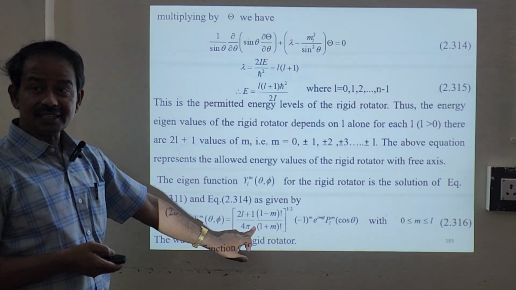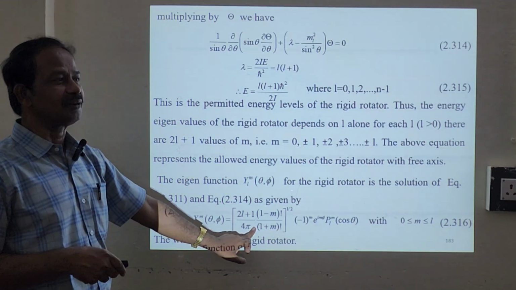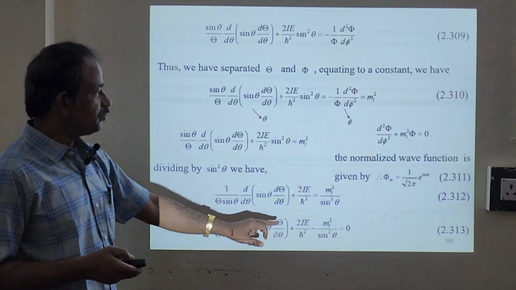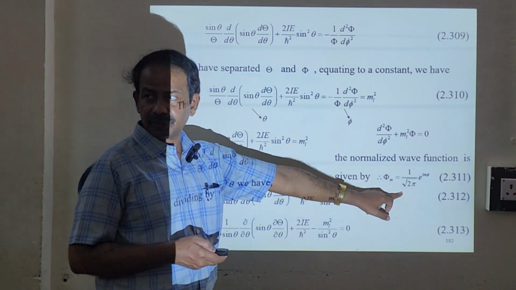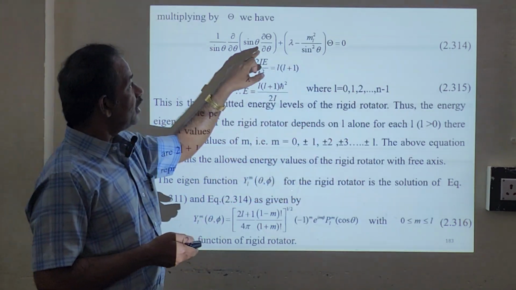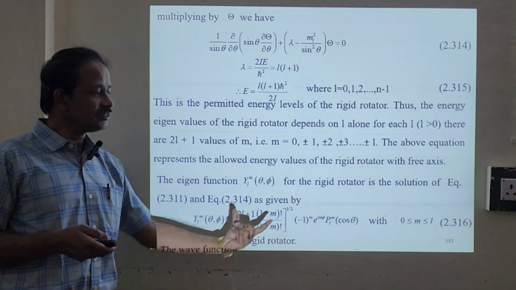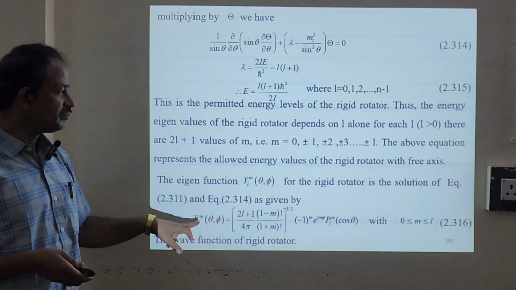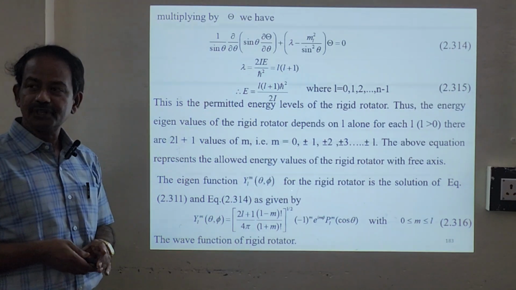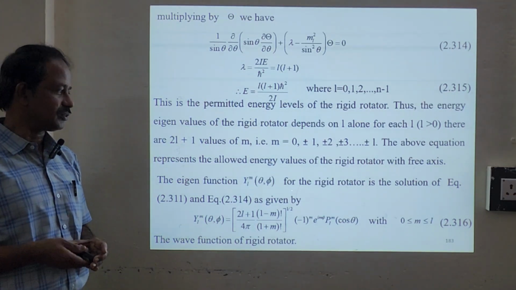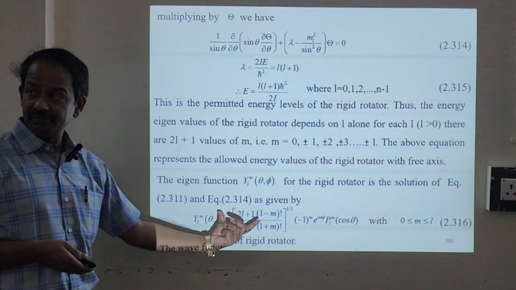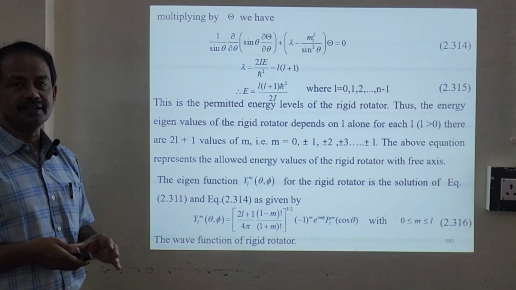This is about the Legendre differential equation, the Legendre polynomial. The solution of the phi part is given by the product of this and the solution of this, and that will be the complete solution, your spherical harmonics. So this is the wave function, and this is your energy eigenvalue of a rigid rotator. This is the target.